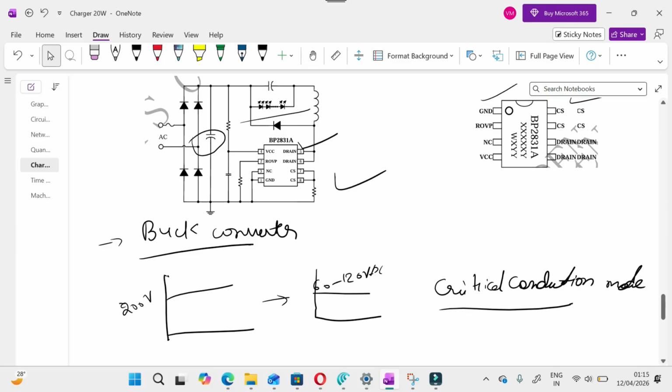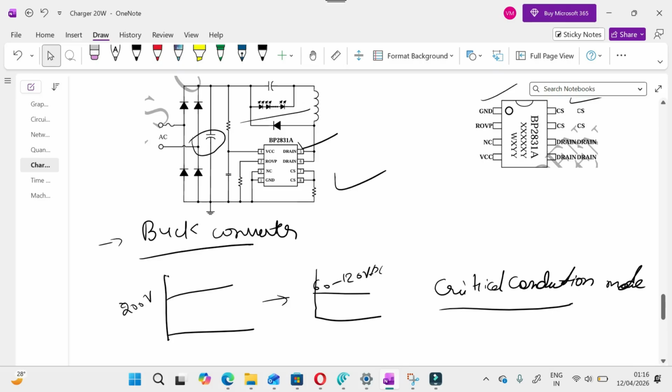Once current goes to maximum value, the MOSFET internal to BP2831A turns off, and with this the LED bulb is turned on. So this will drive the discharge current from the inductor through the LED, and that will cause the LED to turn on. Whatever the discharge current of the inductor is, internal to the IC, that will drive your LED bulb.